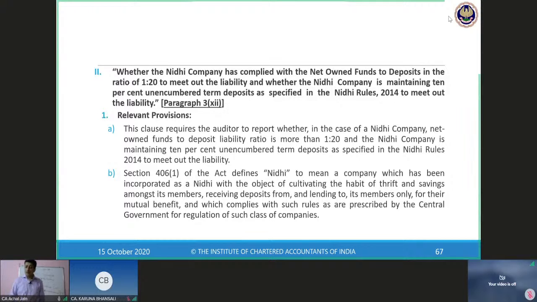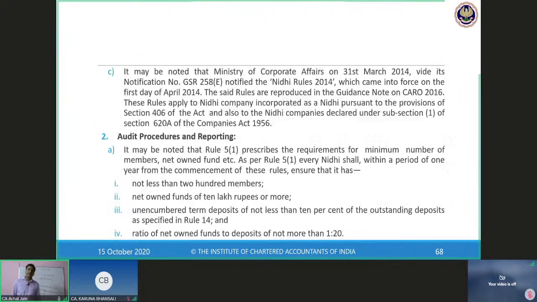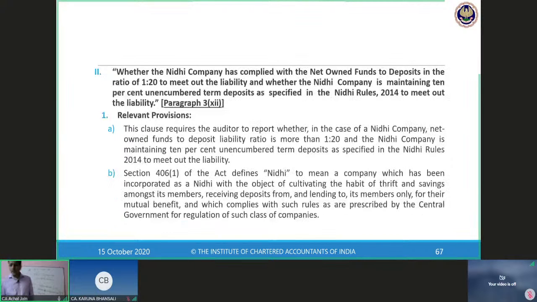Now this clause requires, first of all, an auditor to evaluate as part of his audit procedures whether the company is Nidhi company or not. And how will he get to know about it? Through the registration documents. And then he will get on to the computations of net earned funds. Then he will review the liabilities of the company.